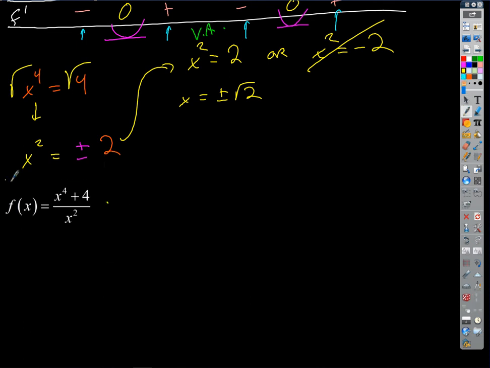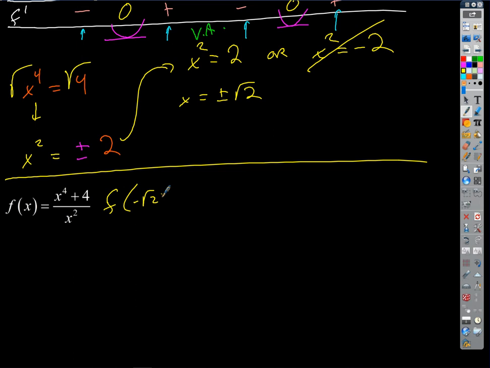Oh, no, our critical numbers were negative radical 2 and positive radical 2, right?